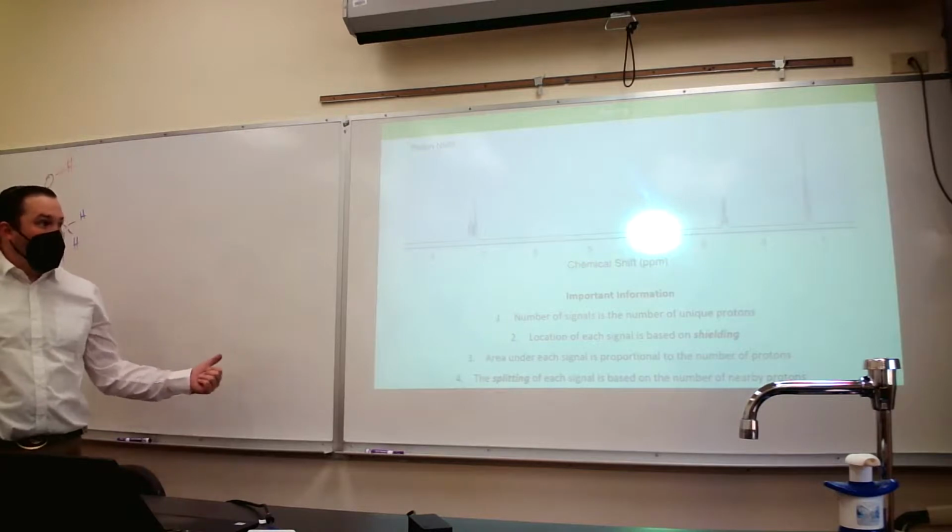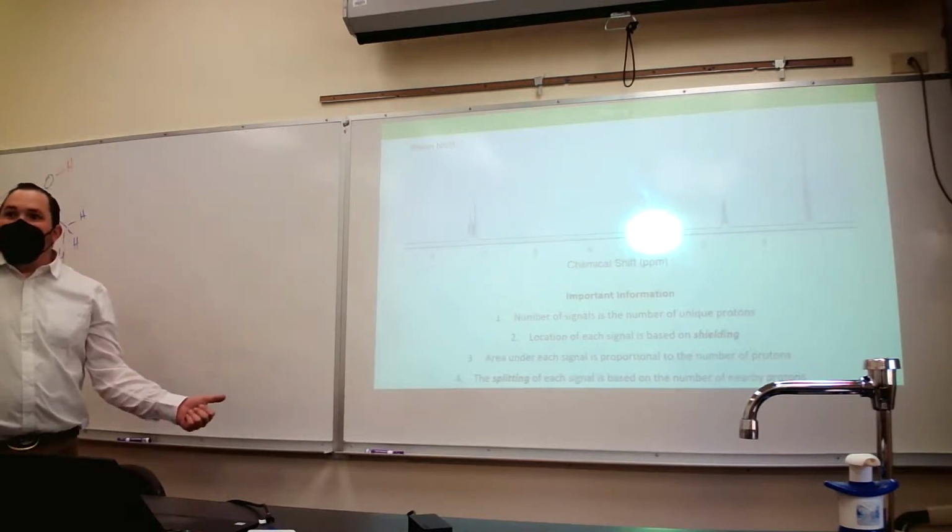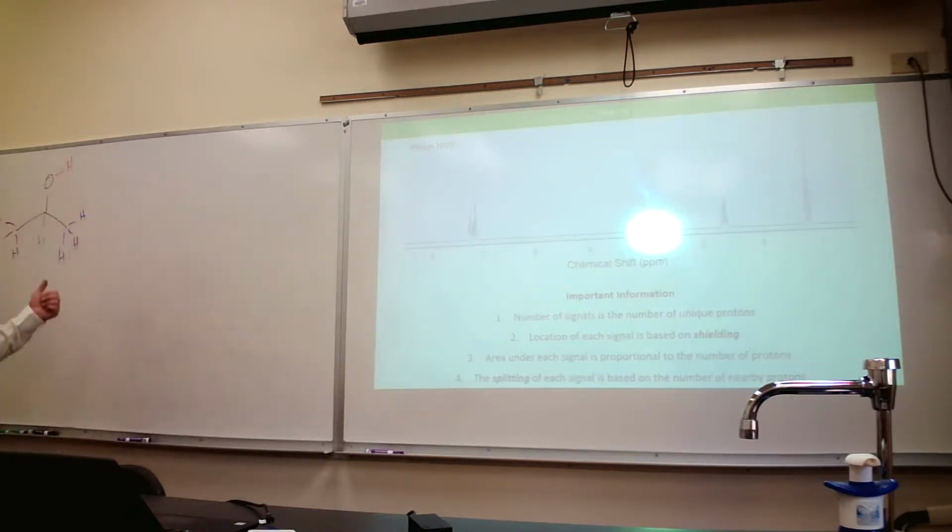In this case, the area under the peak of the signal is proportional to the number of protons that make up that signal. So we would expect the integral for the purple protons to be 6 times larger than the integral for the green or the integral for the red. These ones should be close to the same integral within sig figs.